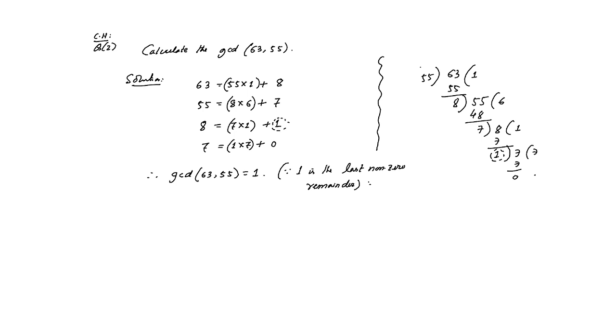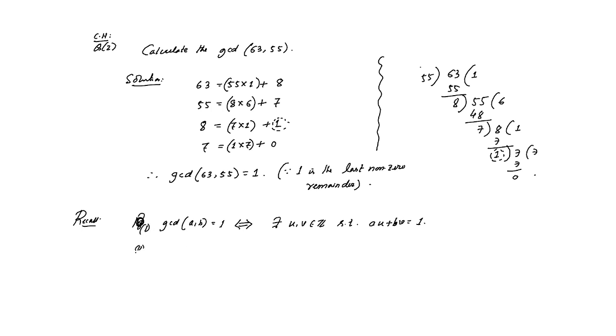Now here is one important recall. If GCD of a, b equals 1, that holds if and only if there exist integers u, v belonging to Z such that au plus bv equals 1.